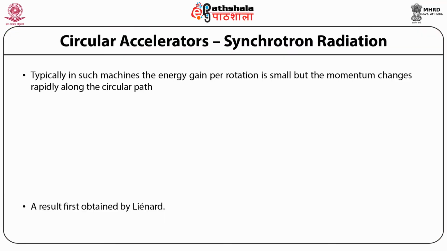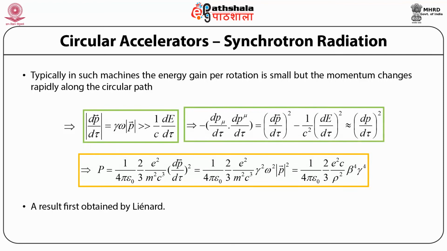Typically, in such machines, the energy gain per rotation is small, but the momentum changes rapidly along the circular path. This means that |dp/dτ| = γω|p| ≫ (1/c) dE/dτ. Here, ω is the frequency of gyration of the particle in its circular path.